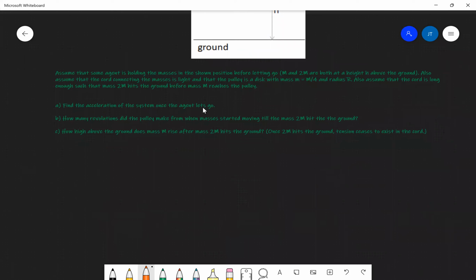Let's draw a free body diagram. For part A, draw a free body diagram for each mass and the pulley.